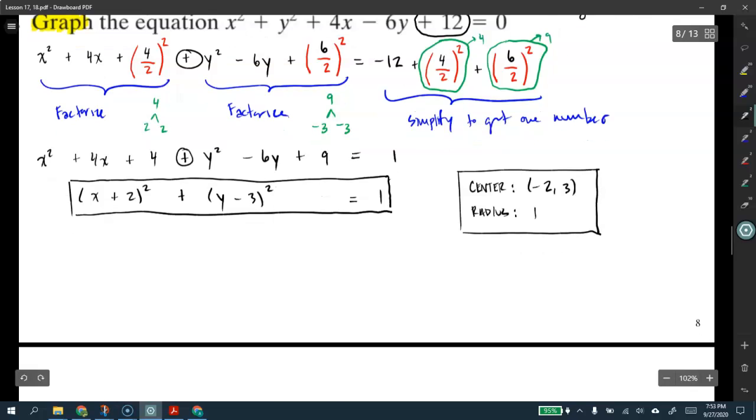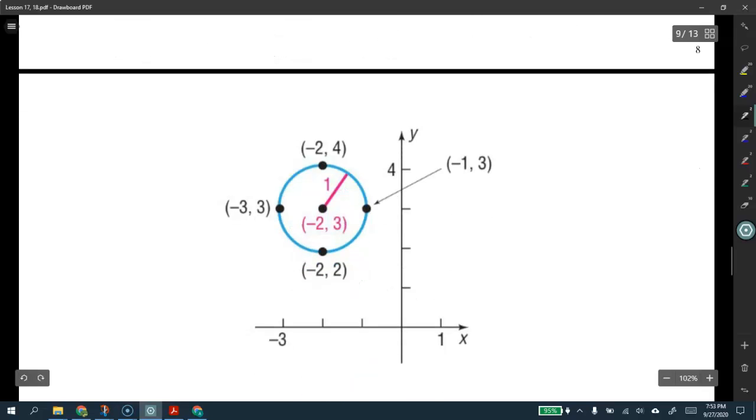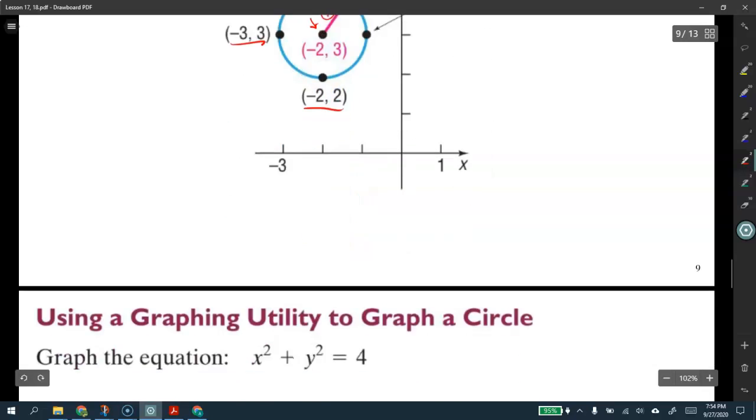So using that, we move forward, and that center of negative 2 comma 3 is shown to you, and the radius of 1 is also shown to you. But more than that, you want to make a note of labeling the 4 corners, if you want to call them corners, of that circle, because they really help you in understanding what the new coordinates would be and how the circle would look. Because once you connect them, if it doesn't look like a circle, then you clearly know that something went wrong there.